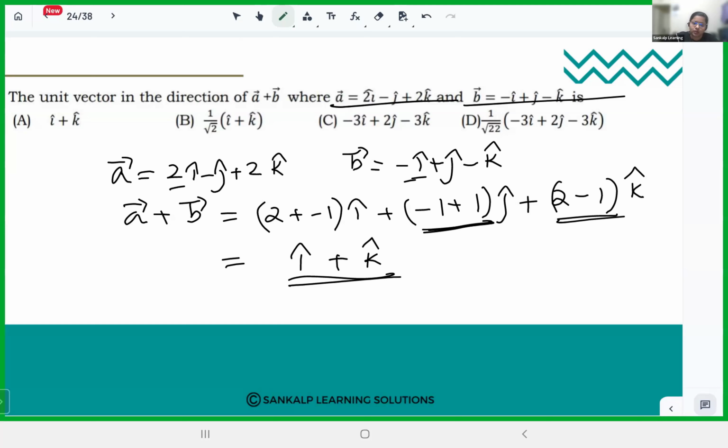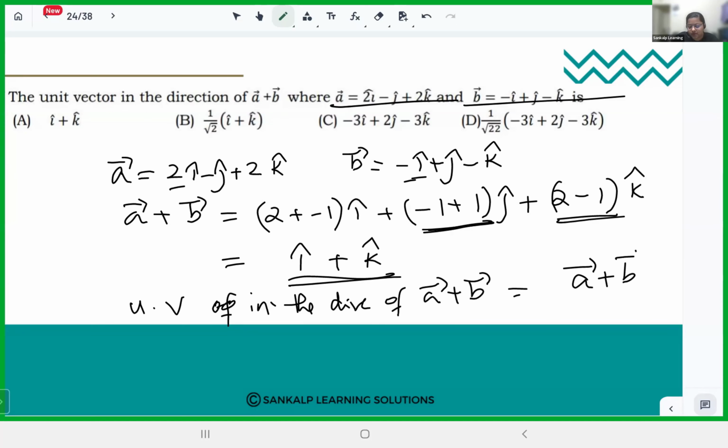Okay, now you have to find out the unit vector in the direction of this vector. How will you do this? We have already done this type of question, right? Unit vector in the direction of vector A plus vector B is nothing but vector A plus vector B divided by the magnitude of vector A plus vector B. Okay, so this is our formula.